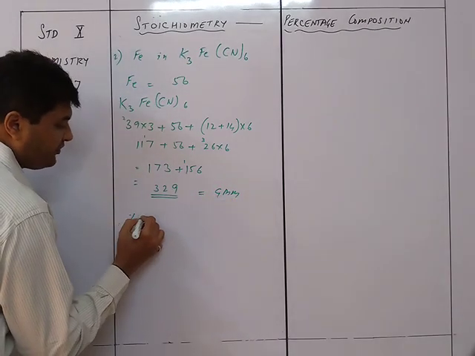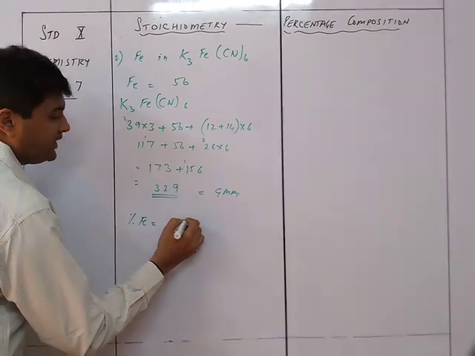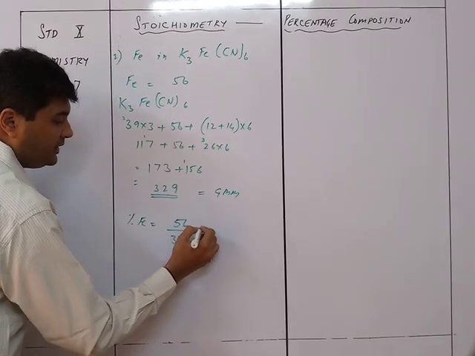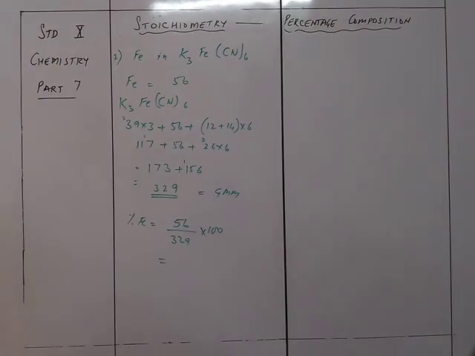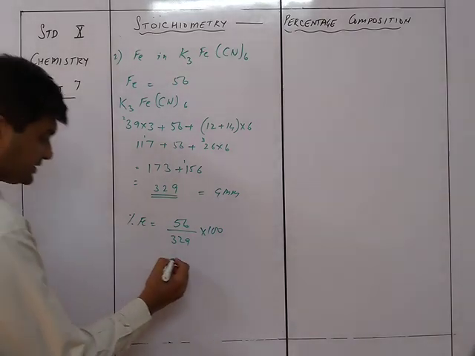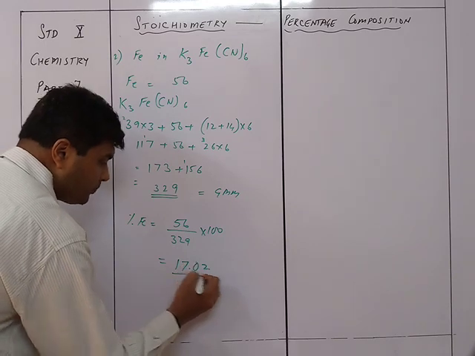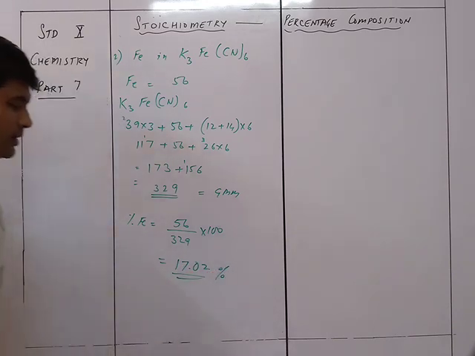So percentage Fe is equal to 56 upon 329 into 100. Okay. So it is 5600 divided by 329 will give you the answer as 17.02. So that is 17.02 percent.